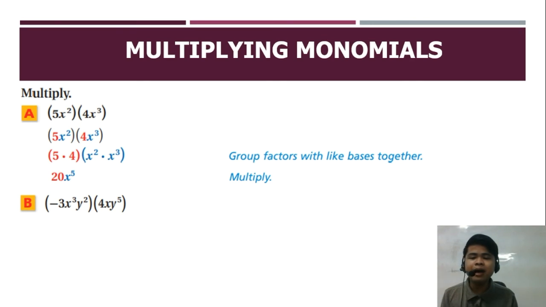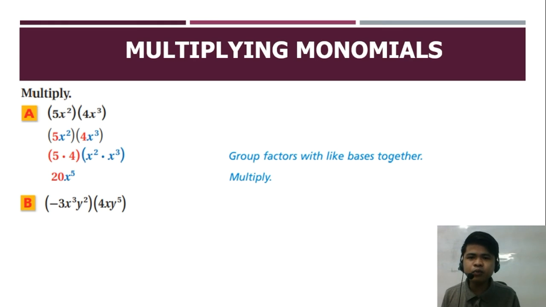Multiply quantity negative 3x cubed y squared and quantity 4xy raised to the exponent 5. Paano ba to siya i-multiply? We'll follow the same process. The first step is group factors with like bases together.